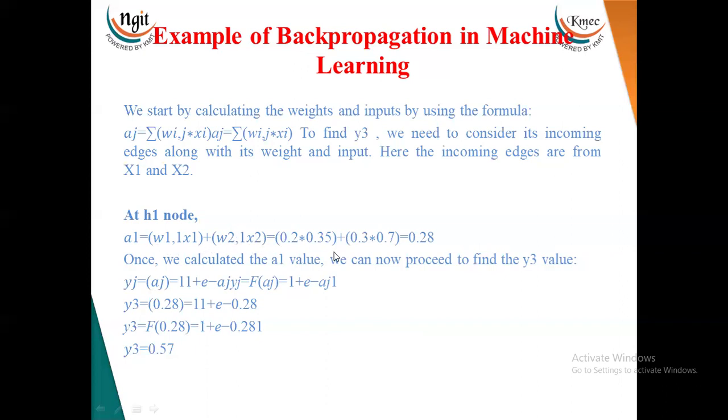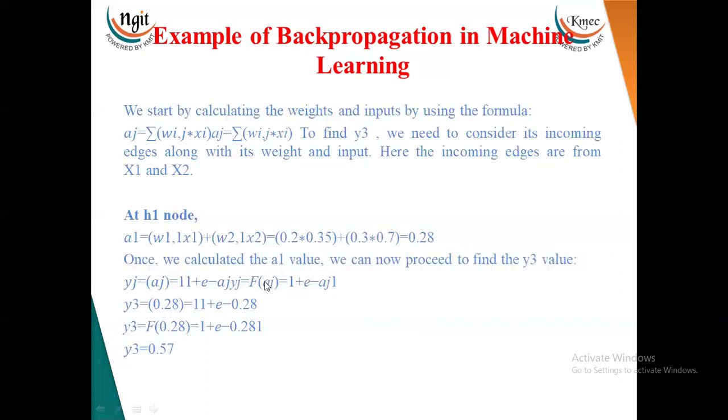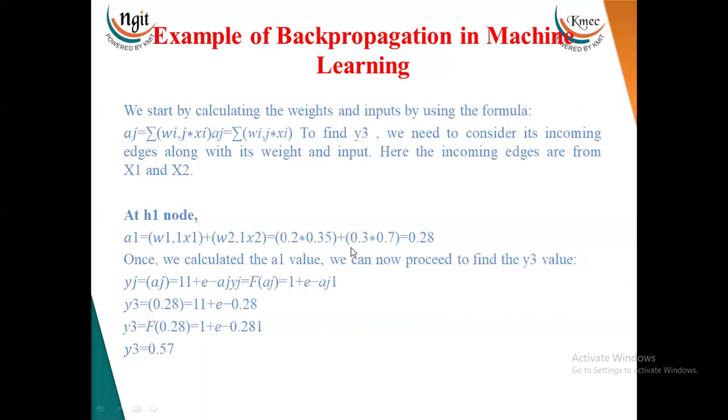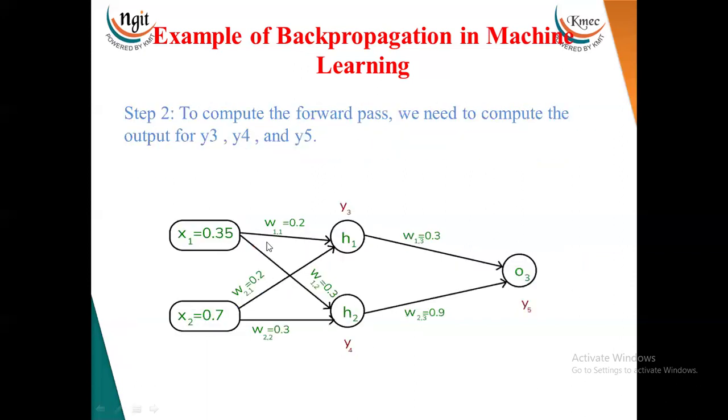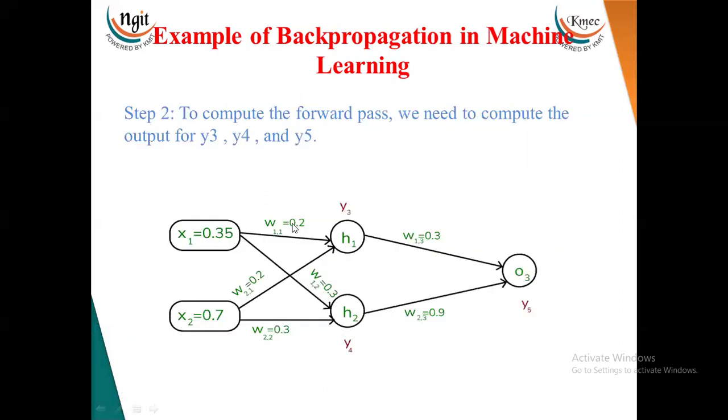If you see here, what is our value? Weight 1, so 0.2 into 0.35, plus what is the second one? 0.2 into 0.35, that is the first. Next, what is the next value going to H1? 0.2 into 0.7.